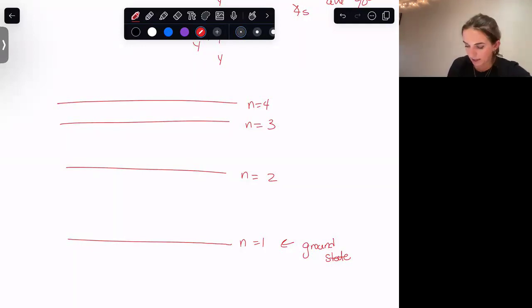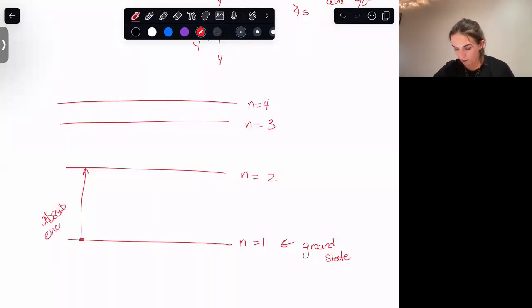In order to take an electron from n=1 to n=2, what do you have to do? Are we absorbing or emitting energy here? Good. We have to absorb energy to get from the first energy level to the second energy level.